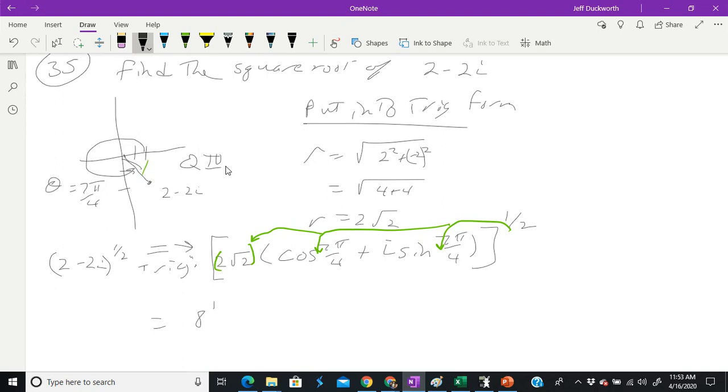So that's going to be 8 to the 1/4 power. So root 8, because the square root of the square root is a 4th root. And then we have cosine of 7 pi by 8 plus i sine of 7 pi by 8.